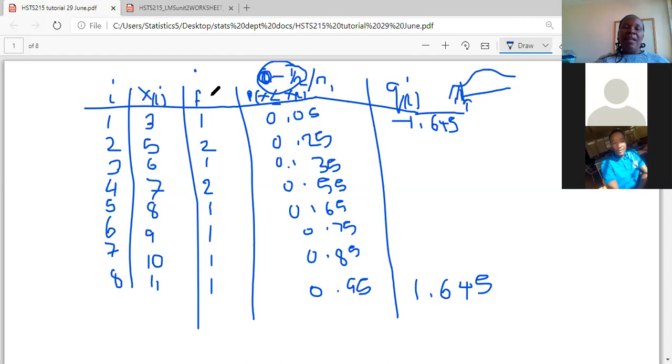So let's put a column, a cumulative frequency, FC. So it's some accumulative frequencies, and then we use that FC rather than using I. So that removes the apparent confusion. But when you put these values as ordered statistics, this is the first smallest, second smallest, third smallest.